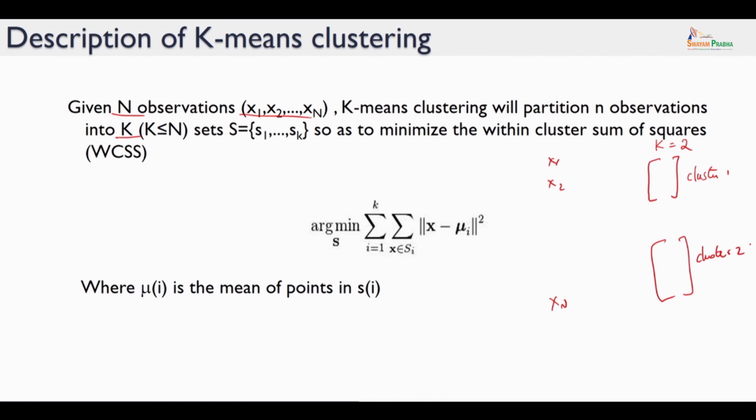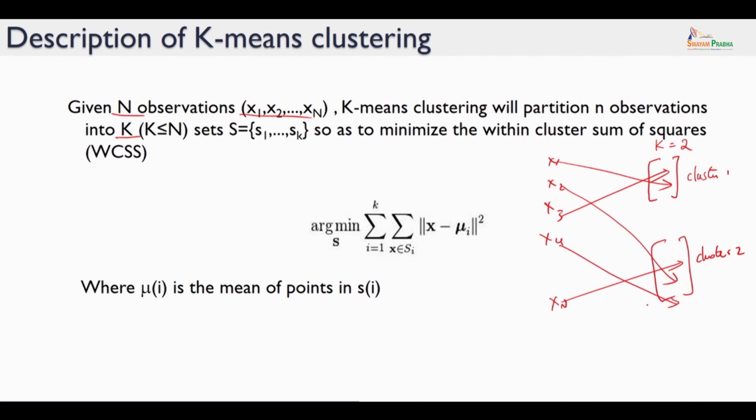Now the job of a k-means clustering algorithm would be to put these data points into these two bins. Let's say this could go here, this could go here, x3 could go here, xn could go here, maybe x4 could go here, and so on.